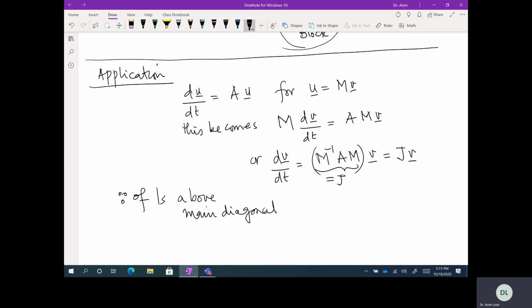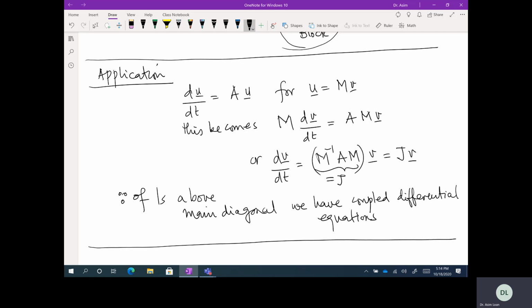Once we have ones above the main diagonal, we have coupled differential equations. Okay, so this is all we want to do from chapter 5.